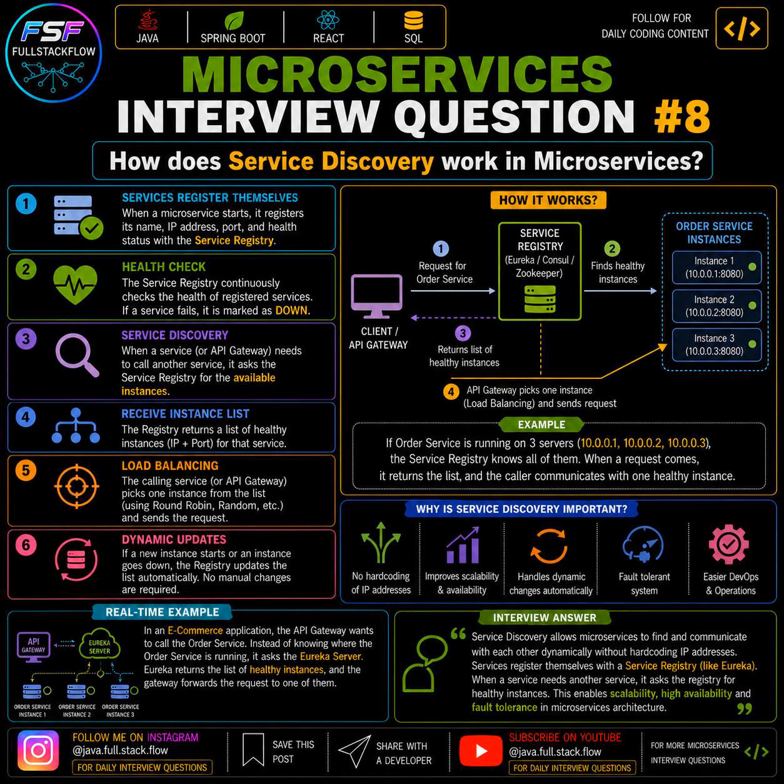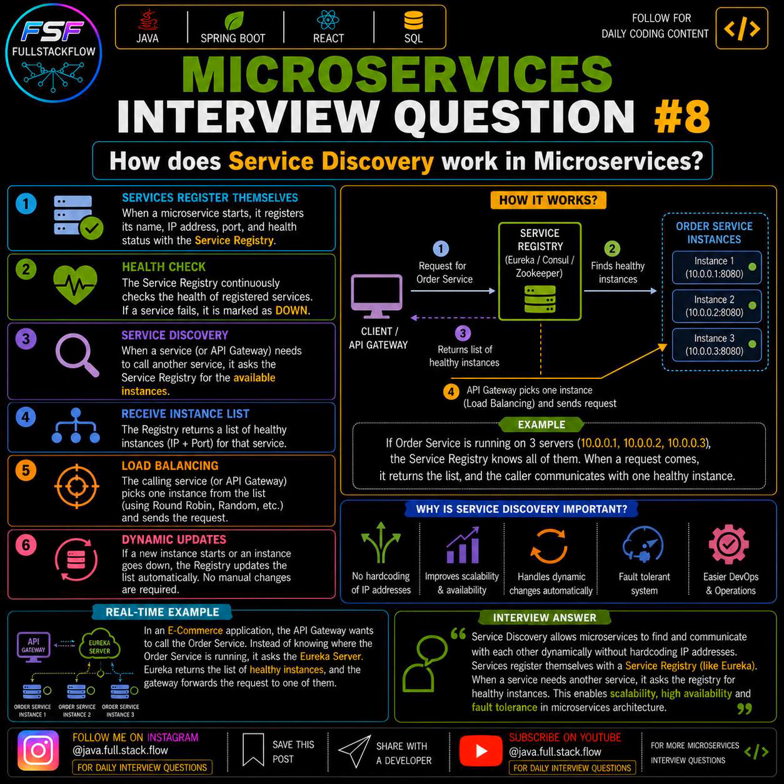Imagine the API gateway wants to call the order service. Instead of storing the order service IP address in its code, it simply asks the service registry, give me the available order service instances. This process is called service discovery.